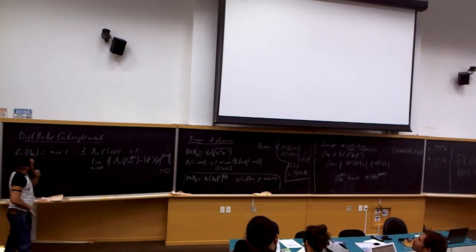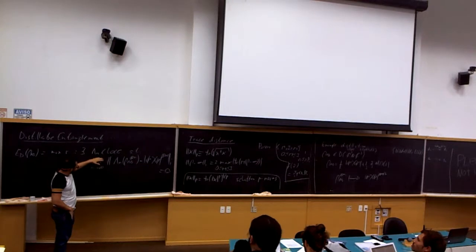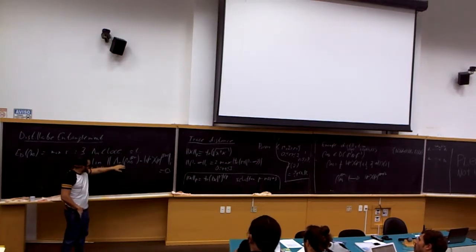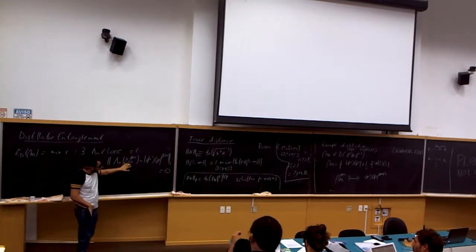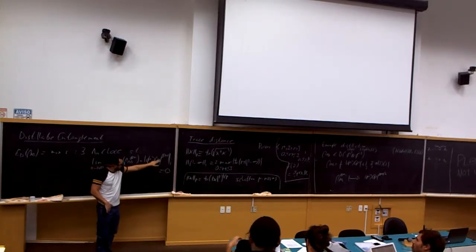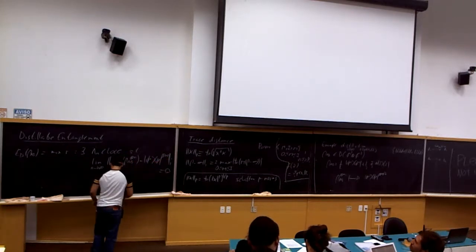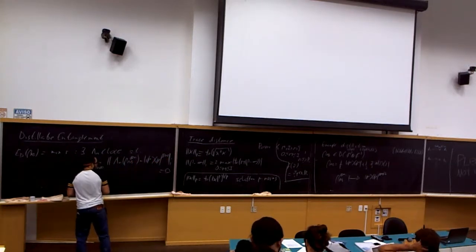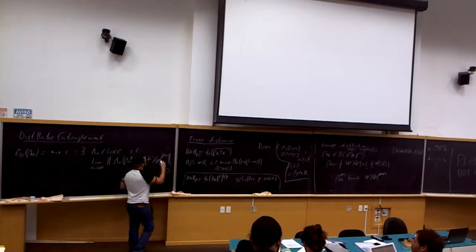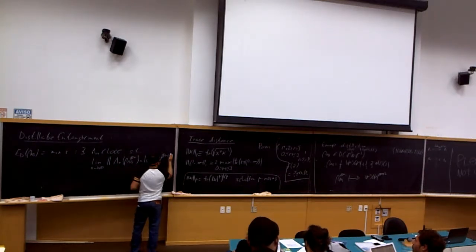So what do we want to have? We want to have first a distillation protocol. So we want a sequence of LOCC operations, lambda sub n, such that if you apply this to n copies of rho, we get a good approximation of n times R copies of EPR pairs. This might not be an integer, but we can take the floor here, for example.